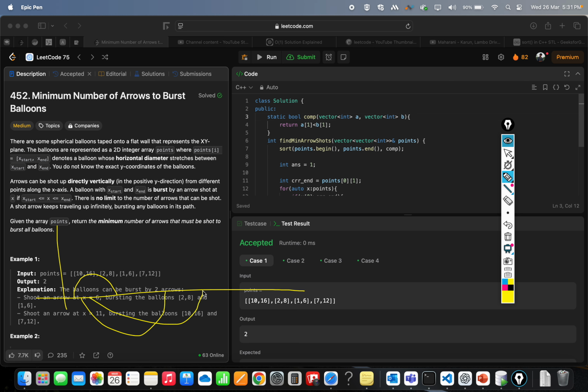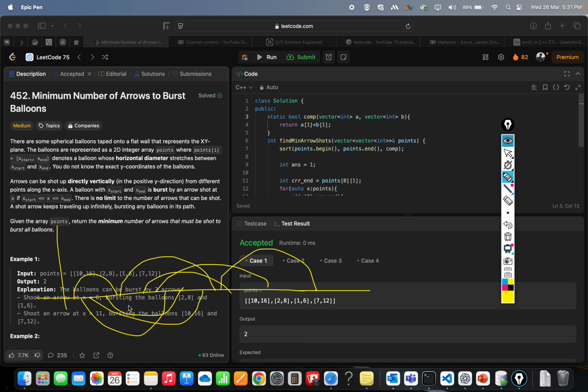Let's say this is the case. These are two balloons, these are three balloons, and then we have this balloon, then this balloon, and then this balloon.